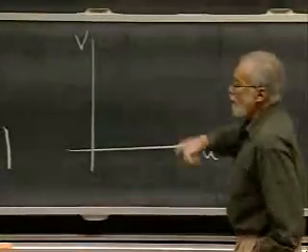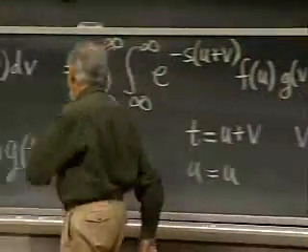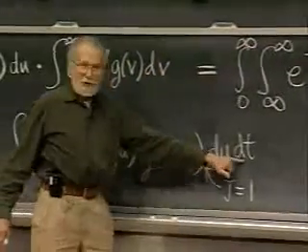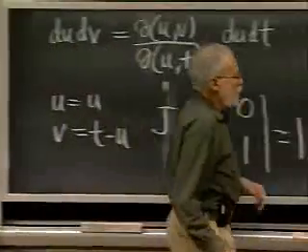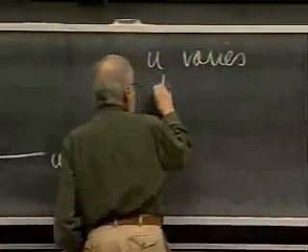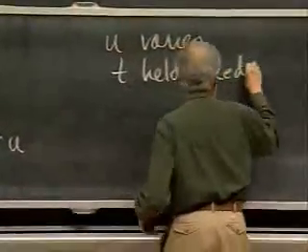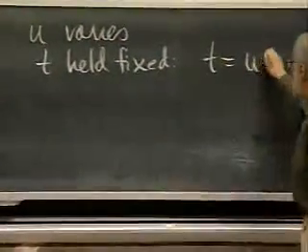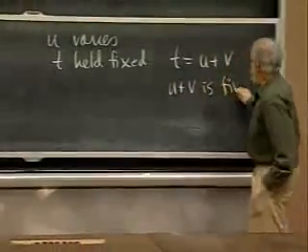So when you do the integral, the first step is u is varying and t is held fixed. So in the first integration, u varies, t is held fixed. Now, what does holding t fixed in this picture mean? Well, t is equal to u plus v, so u plus v is a constant.